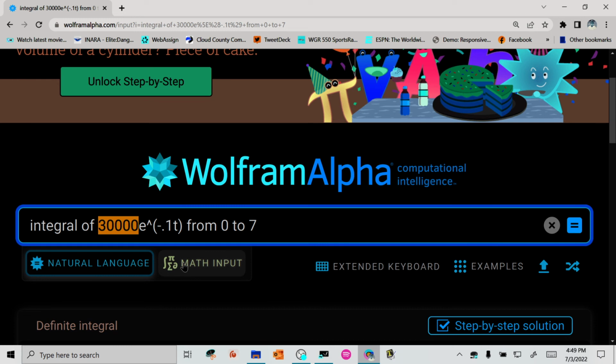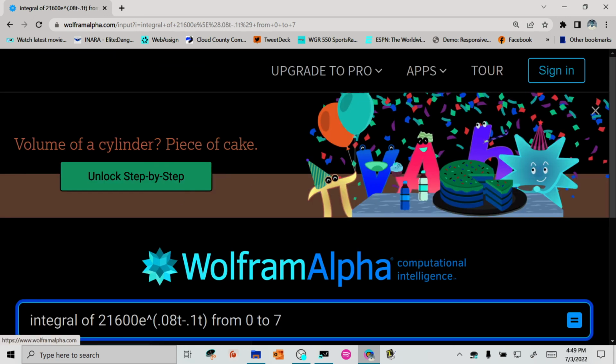The number was 21,600 e to the 0.08 t minus 0.1 t. There we go. Hopefully it gives us the correct answer.